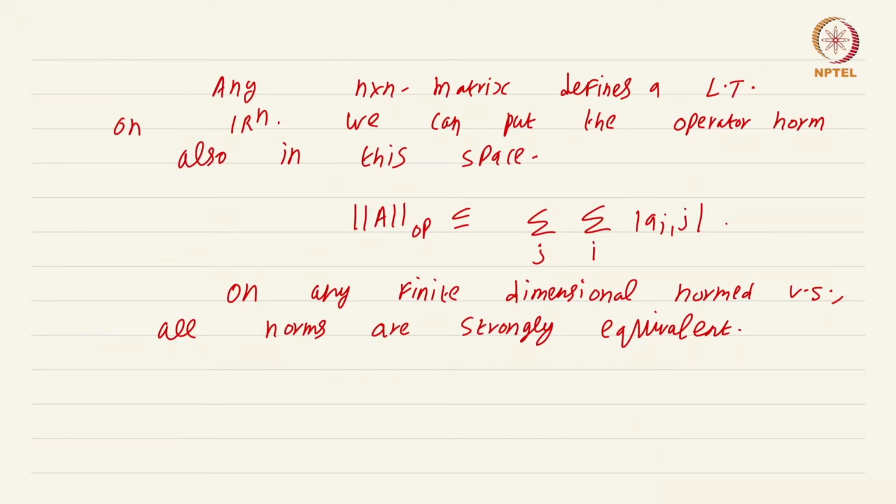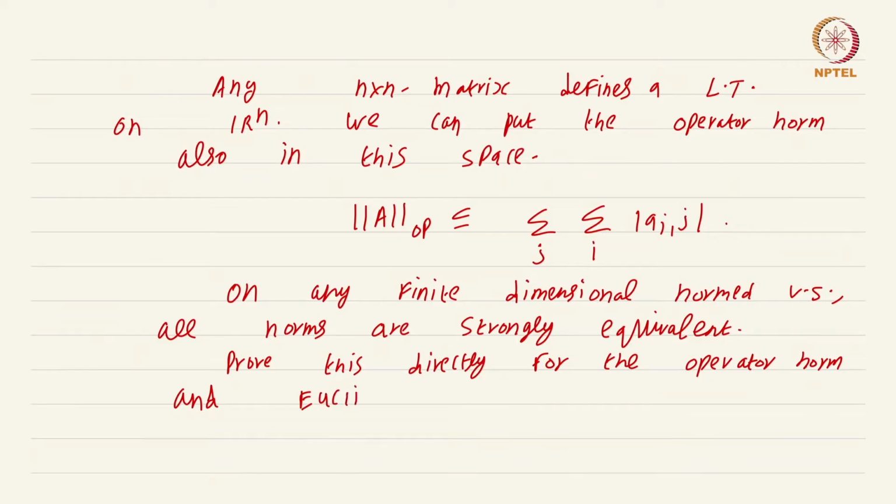But that is using an abstract fact. Prove this directly in this case for the operator norm and Euclidean norm. So show that the operator norm and the Euclidean norm are equivalent on the space of n cross n matrices.